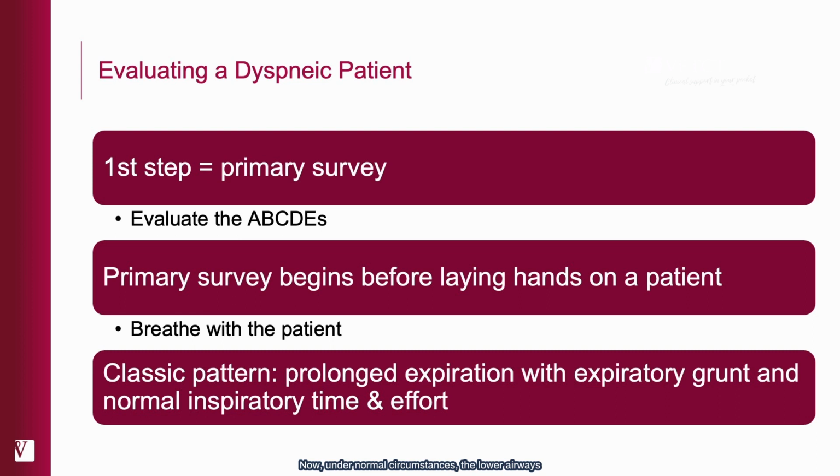Now, under normal circumstances, the lower airways are narrower in diameter during expiration than during inspiration. And asthmatic cats have hypersensitive airways that produce excessive mucus.